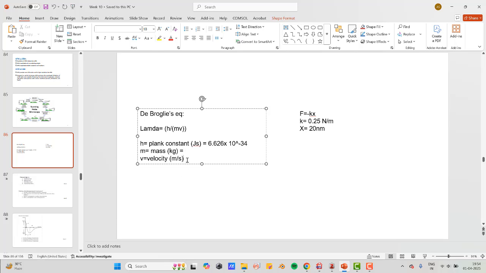What was the mass and velocity? Okay, kg. Okay, I'll try to solve it.